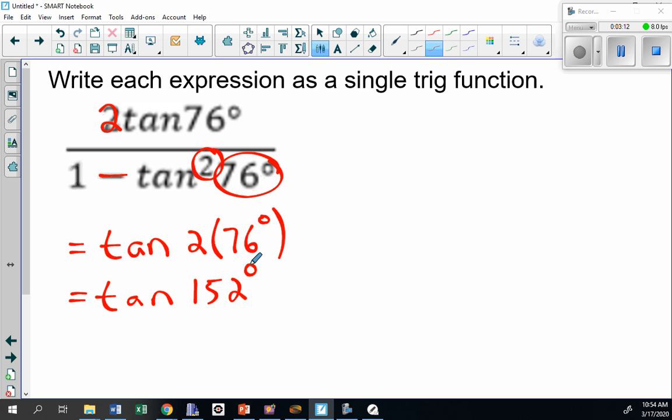It doesn't ask us to evaluate it, so it just says to write as a single trig function. Now on a diploma, I'm going to guess that it's going to say determine. I would be looking for the word determine, so they would expect you to show some kind of work like what was shown here.